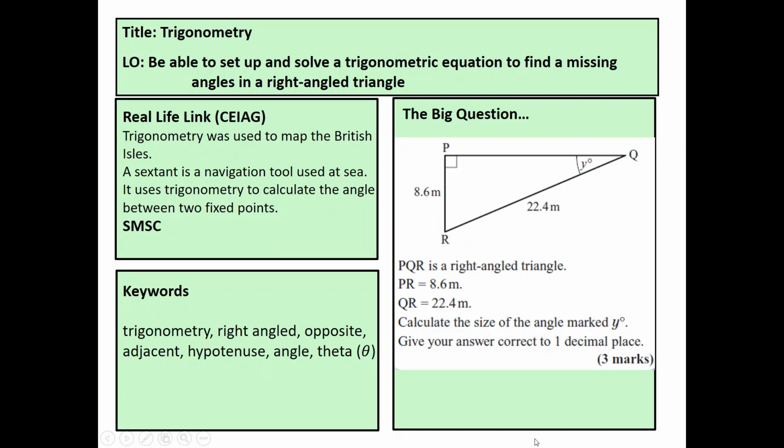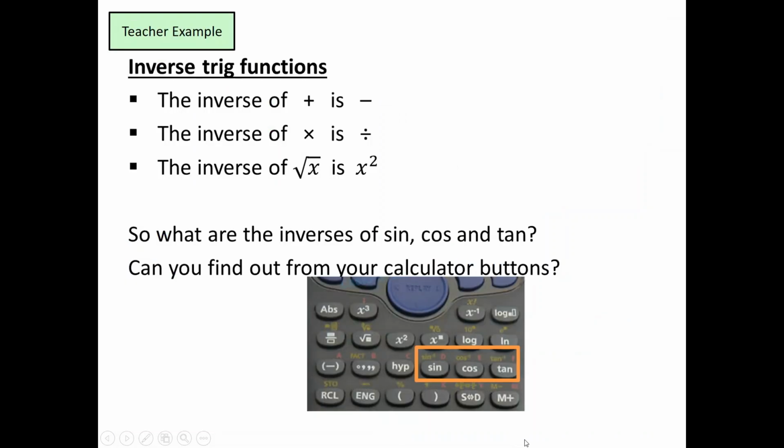Today's lesson is part 2 on trigonometry, and it's working out the missing angles in right angle triangles. Before we move on to the lesson, what we're going to use today is the inverse trig functions.